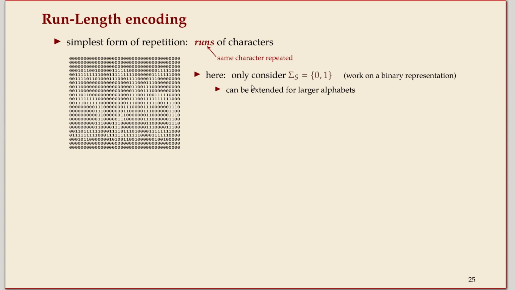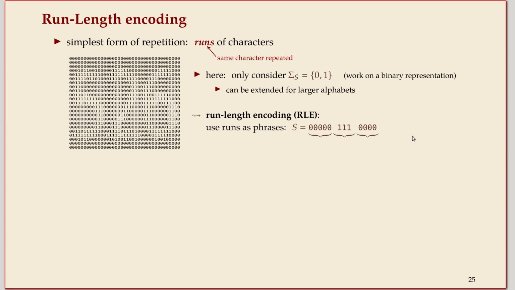So if we consider just the binary input, the binary alphabet, there's runs all over the place, and it seems like we should be able to compress this with a simple trick. Now, the trick here will be to use runs as phrases. So you decompose your bit string, the source text, into all zeros, then a number of ones, then a number of zeros, then a number of ones, and so on.